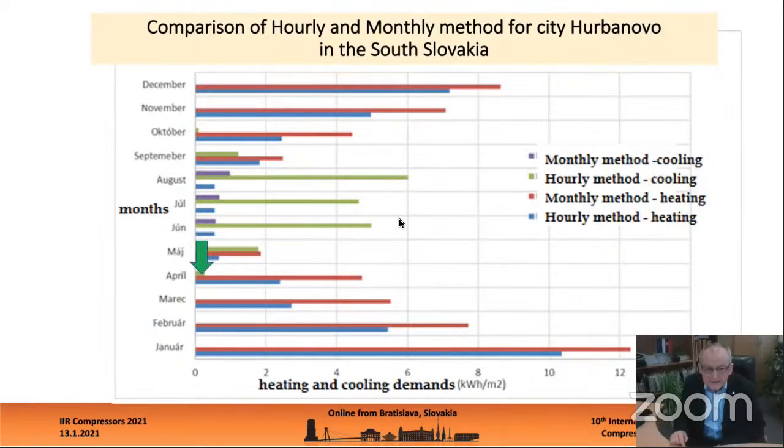You can see that the hourly method has revealed the need for cooling already in April, and the monthly method only in June, when there was no need for heating. The monthly method calculated higher energy demand for heating than the hourly method; the difference was from 15 up to 20%.